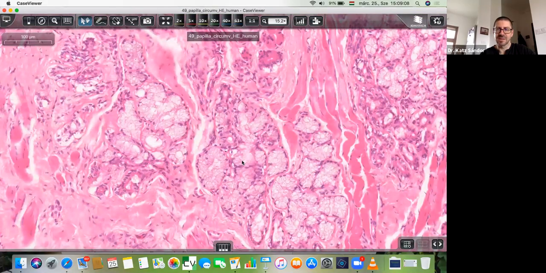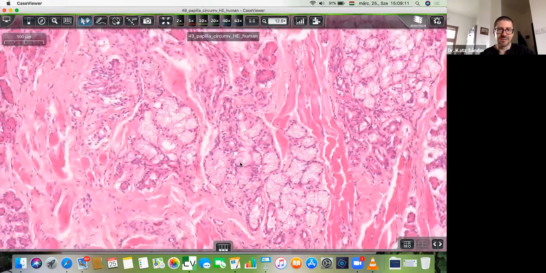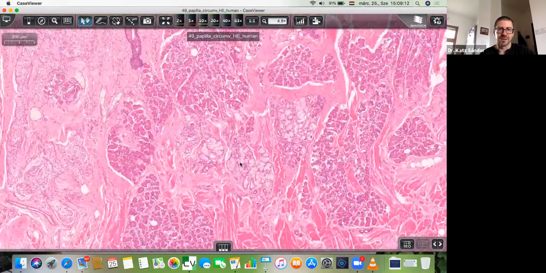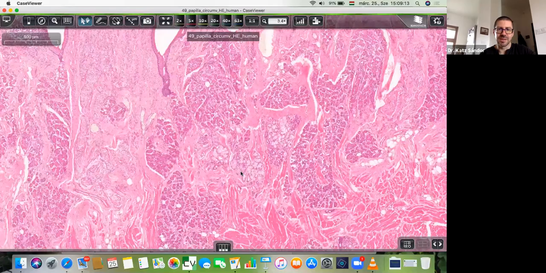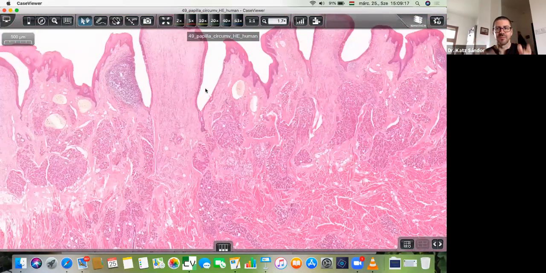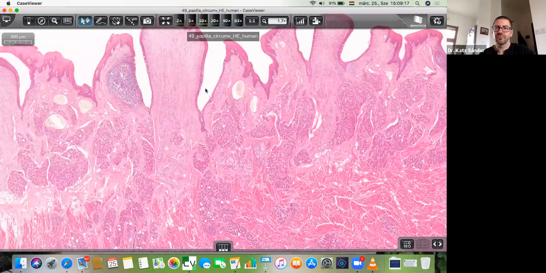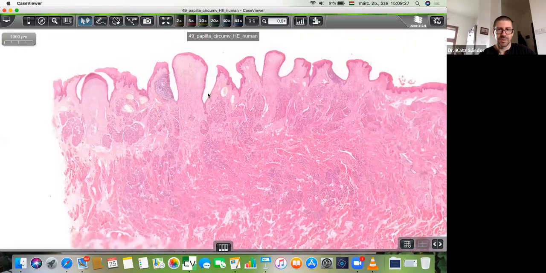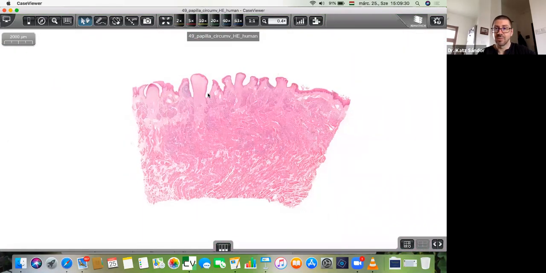The von Ebner's glands are serous glands, and they secrete juice, cleaning the moat-like invaginations surrounding the circumvallate papillae. Okay, now let's move on.